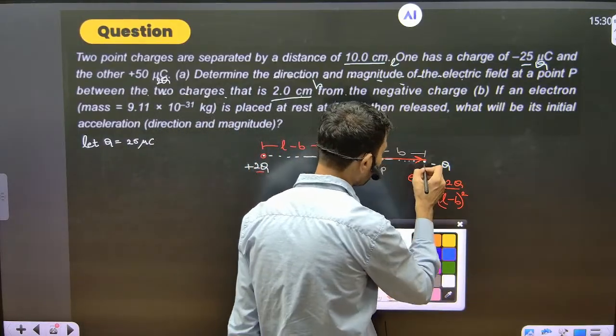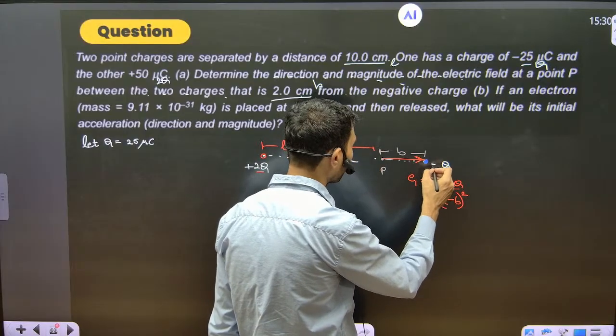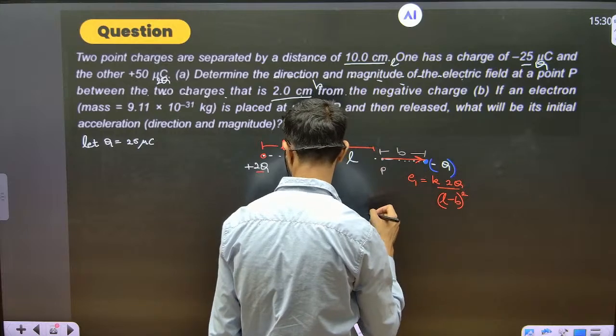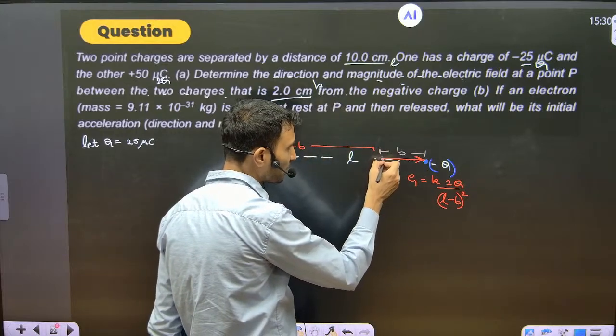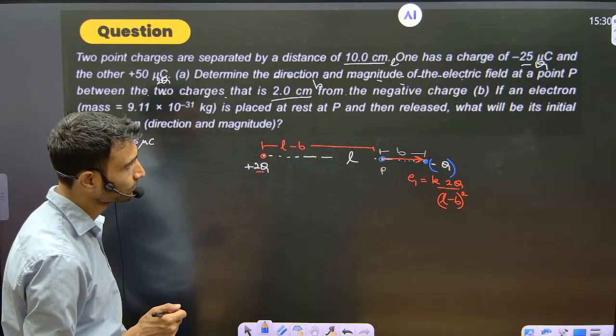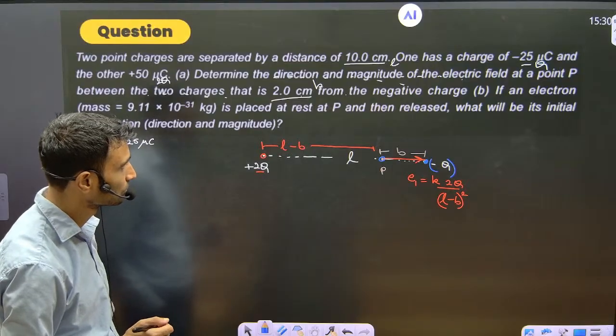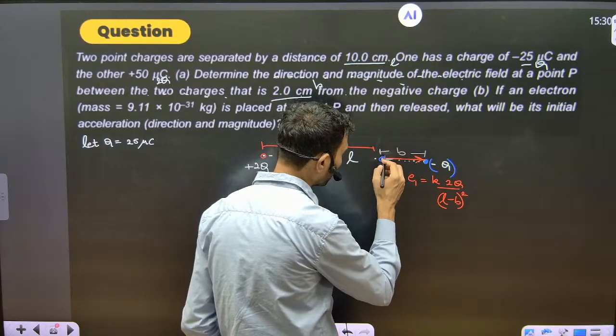Now, due to this charge minus Q, electric field will be in which direction at point P? Tell me. Towards or away? It's a negative charge. So it will be towards.